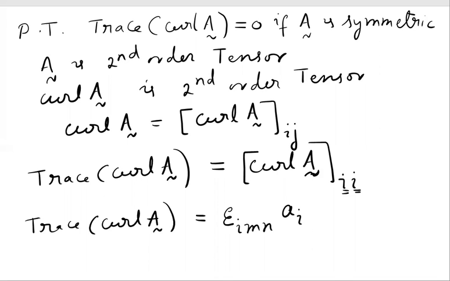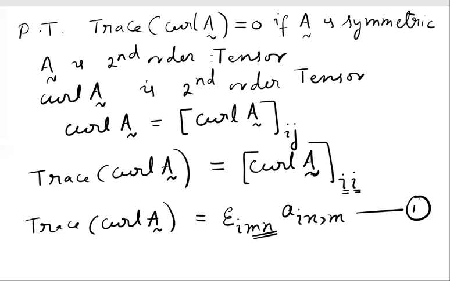The second and third suffixes of epsilon are m and n, so here we have to take A_in with a comma and m in between. That's the tensor notation of curl A, trace of curl A. We'll call this equation 1.